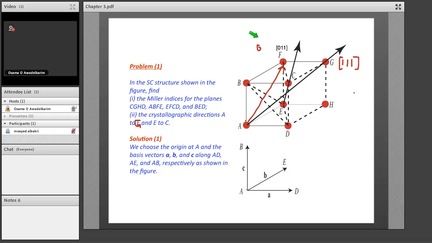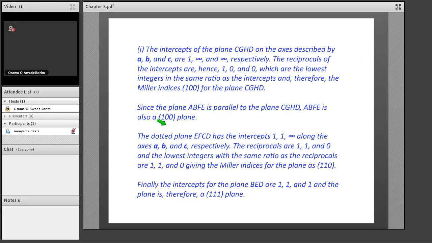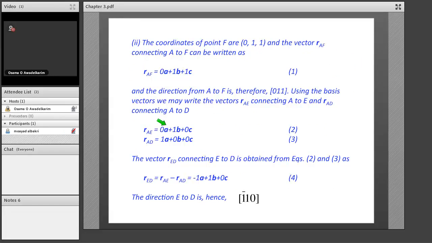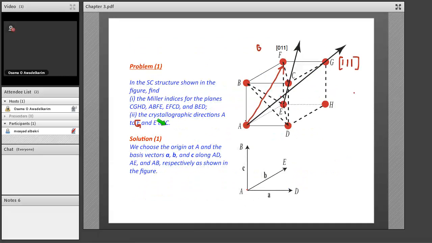Okay, and you see that I put the direction in square brackets to distinguish it from a plane, right? And then we can also go ahead and do E to C. Actually, it's E to D. Again, the figure is not giving me the right direction, so it is E to D. So let's see E to D, from this point to this point.